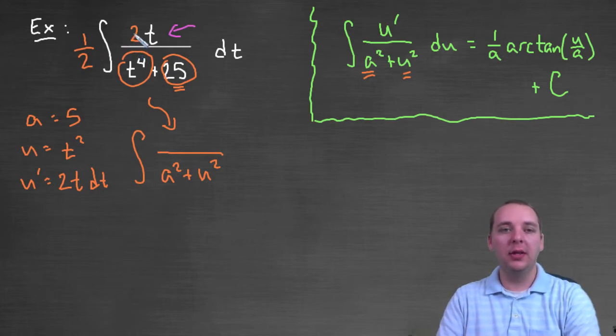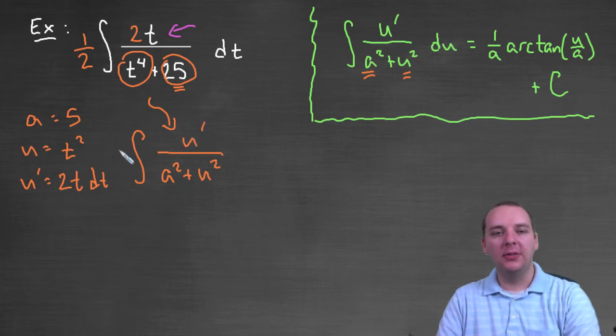If you pulled this 2 outside the integral, it would cancel with the 1/2, and it's like it was never there. All right, but nevertheless, the 2t dt, this will become your u prime, du, or however you want to say it. There's still a 1/2 on the outside.